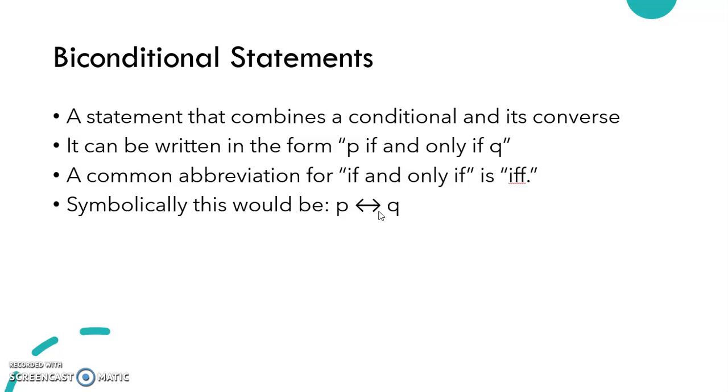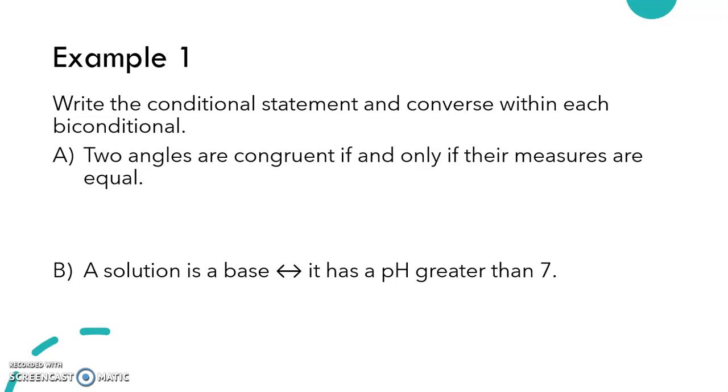So let's look at an example where we have to take a statement and turn it into some of these related conditional statements. In example 1, we have to take a biconditional statement and write the conditional statement and the converse that it represents. For the conditional statement, you want to keep it in the same order that it's given.